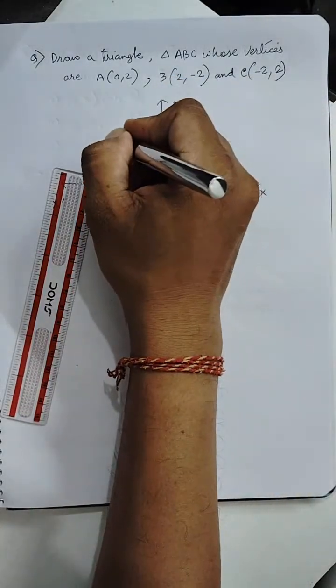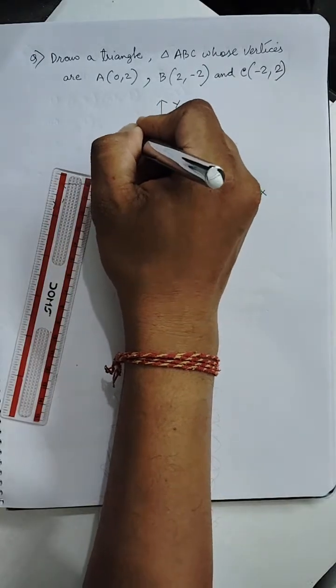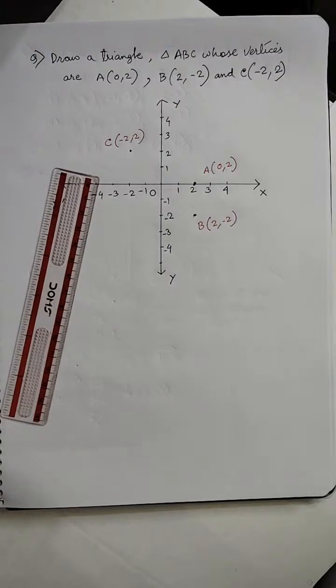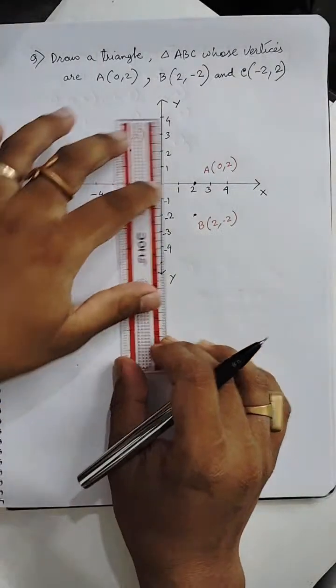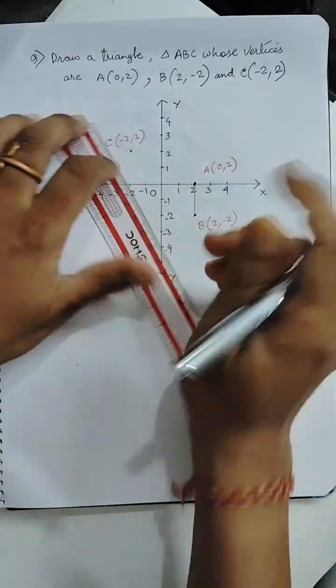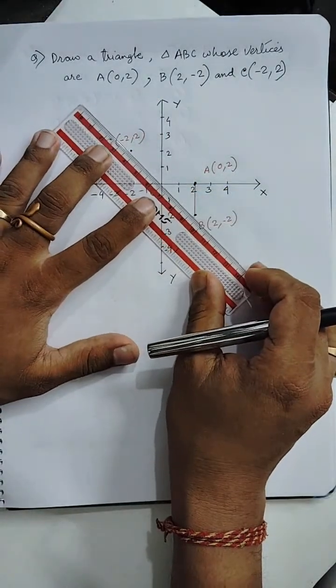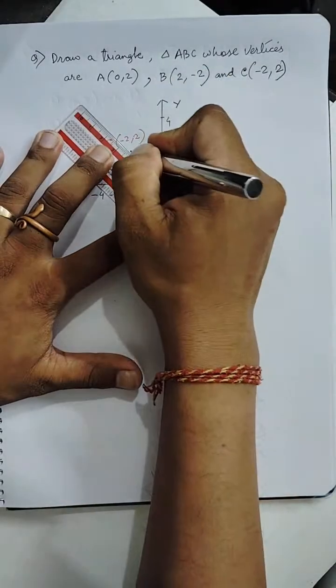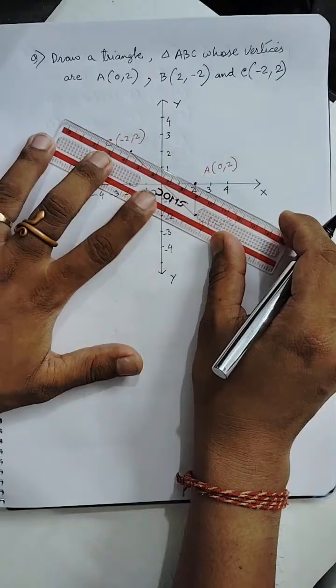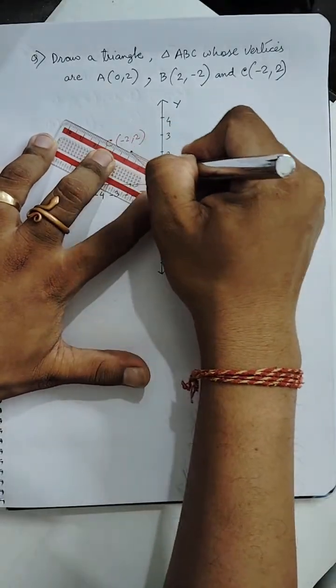And this is C. -2 2. Let's join them. A and B, B and C, and C and A. So this is our triangle.